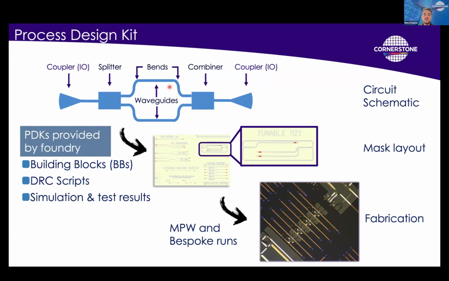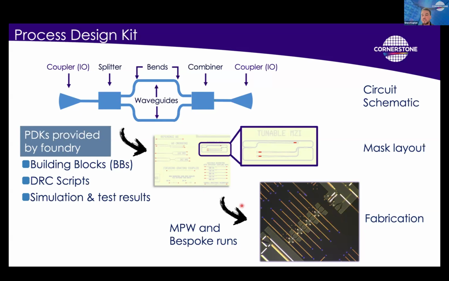You have bends and waveguides. These individual components are provided by the foundry, and you know their transfer function. So process design kits really eliminate the effort and the time spent on the simulation and optimization of individual components, so you can focus on the innovation or circuit level design.